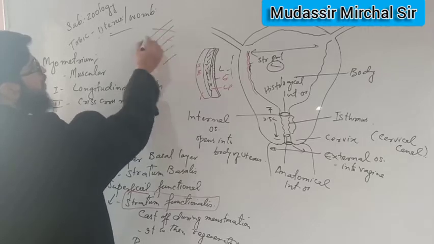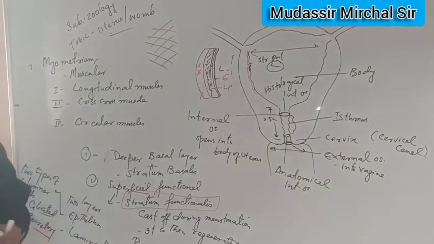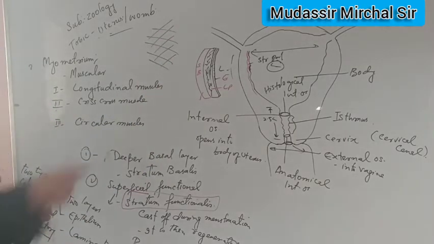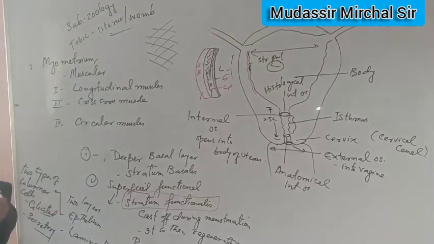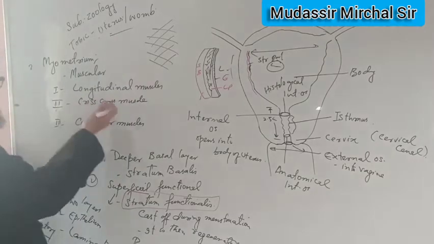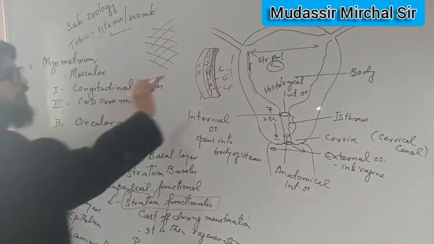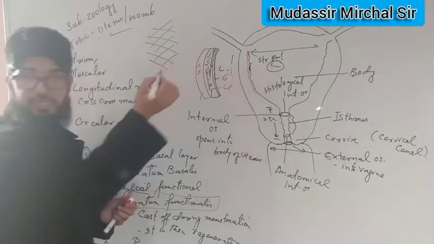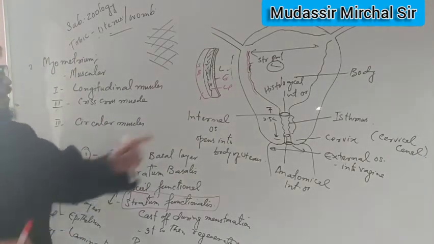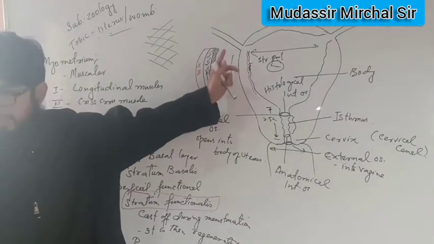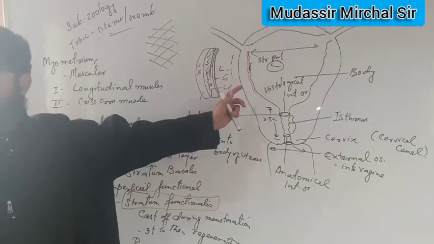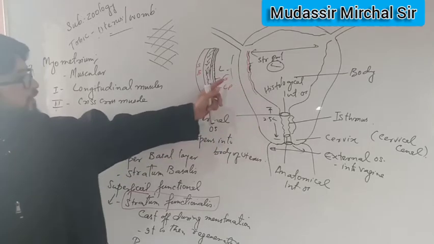The muscle fibers are arranged in a crisscross manner, and this is the layer where the blood vessels pass through. Blood vessels have to reach the endometrium to supply it. Remember, the endometrium must be supplied with blood. So where will the blood come from?